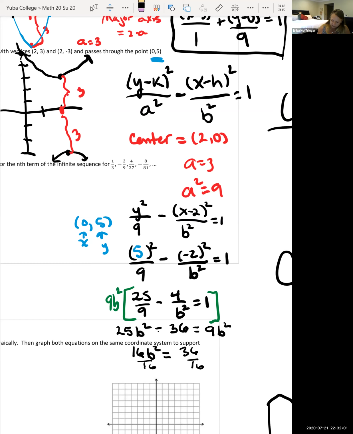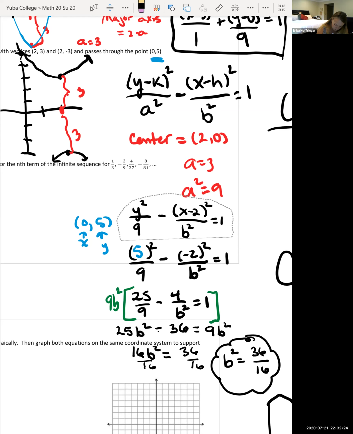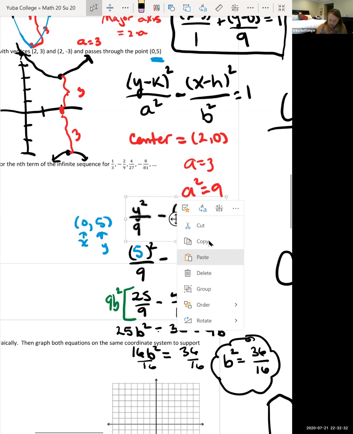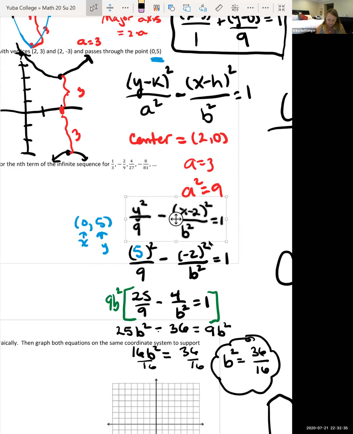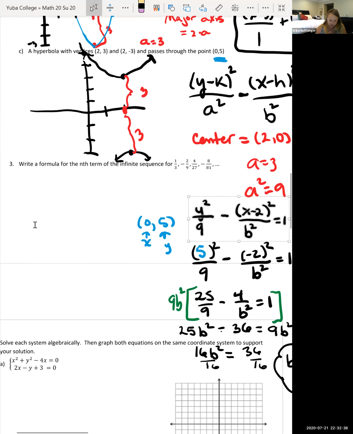So b squared is equal to 36 over 16. That's all we really needed. So if we go back in here, I ran out of room, but it's okay, paste.